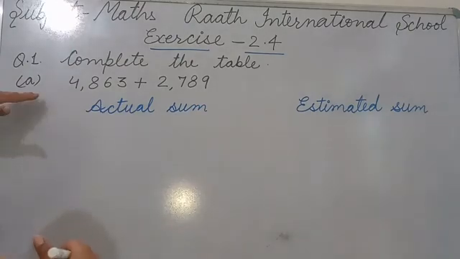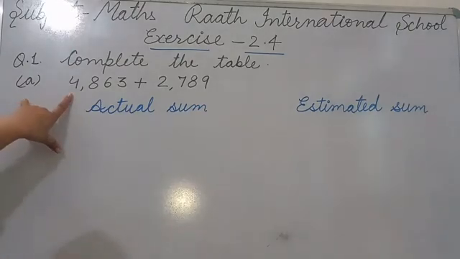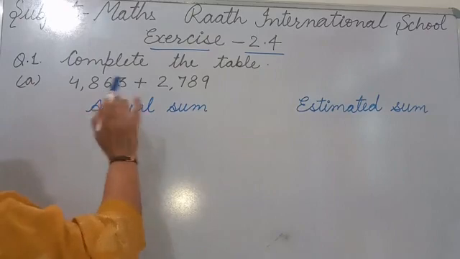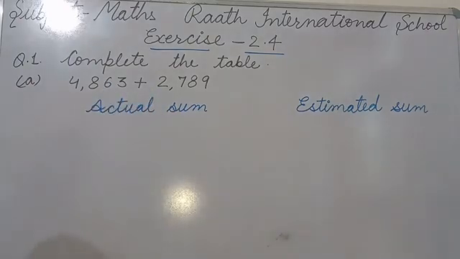Here in part A, there is given 4863 plus 2789. First of all you should put them up and down.